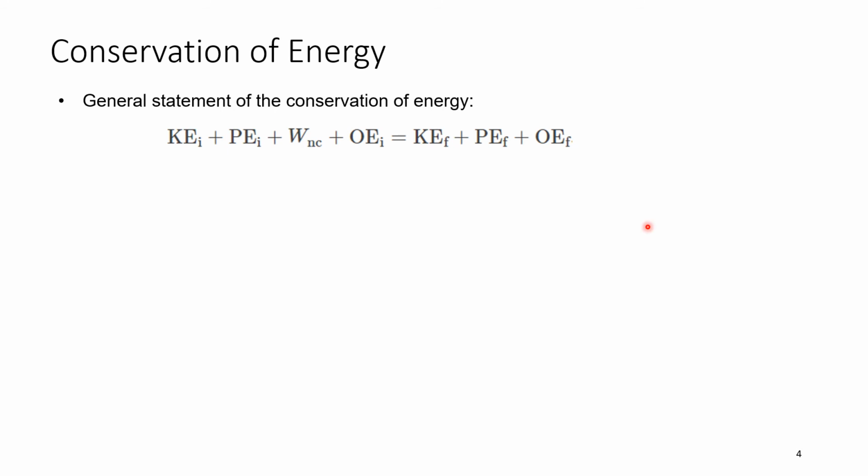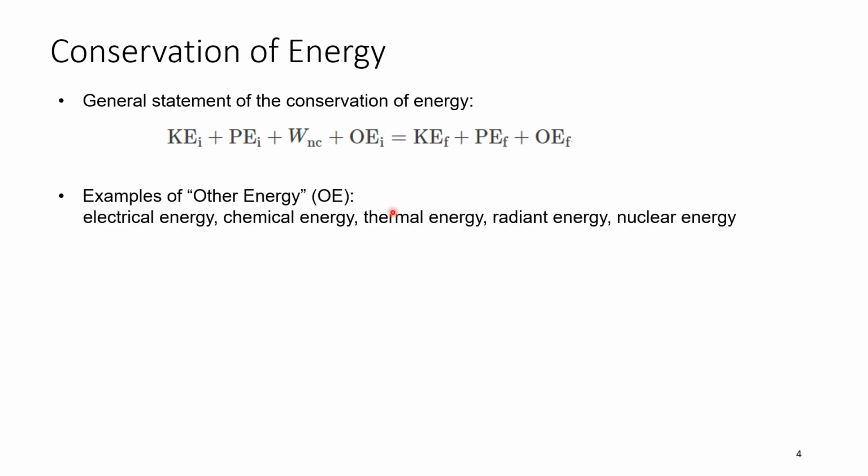There are many examples of these other forms of energy. Electric energy to run all the machines, chemical energy from gasoline or food, thermal energy due to temperature, radiant energy, and nuclear energy. The transformation of energy from one form into another is happening all the time.